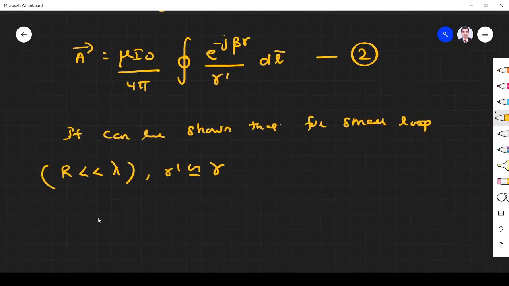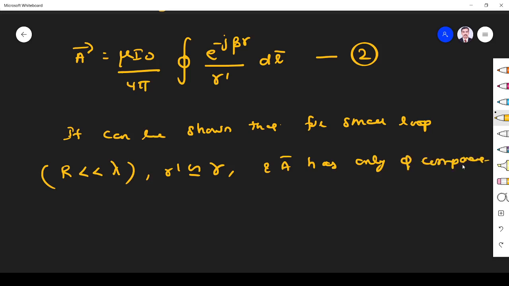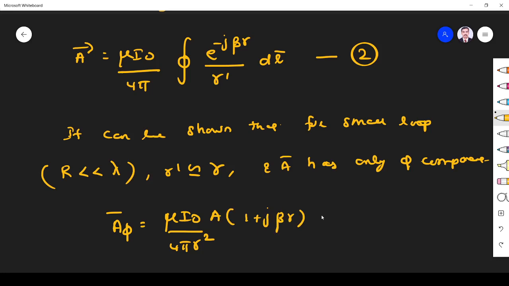A has only phi component. No need to solve this, directly you can write, because the solution is so tedious. A phi is equal to mu I naught A divided by 4 pi r squared, into 1 plus j beta r, e power minus j beta r sin theta.